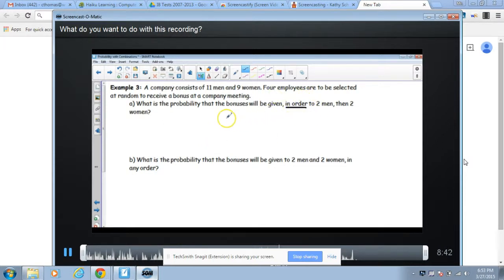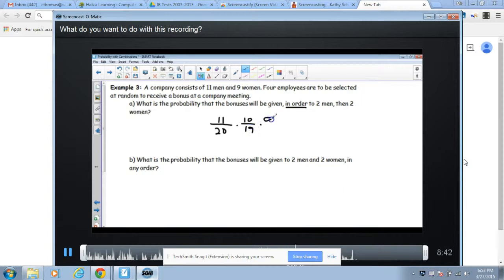So for this one, we're going to just use the counting principle. So for the first one, if you want to choose 2 men, you're choosing 11 out of 20. That's the probability of getting a man the first time. If the second one's going to be a man, then you have 10 left because we chose one of them, and there's 19 total people left. And then the next 2 will be women.